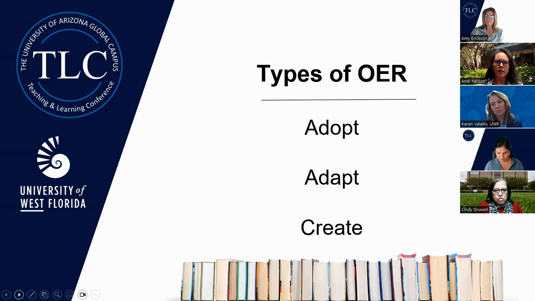This is basically to customize the main resource that you found with already created materials from other OER sources. Now for creation, that's when you can't find anything existing to meet your course needs. So you either have to start from scratch, writing your own OER resource, or you can, as I like to call it, and Katherine and I have worked on this before, Frankenstein. You put many, many resources together to create the OER of your dreams.